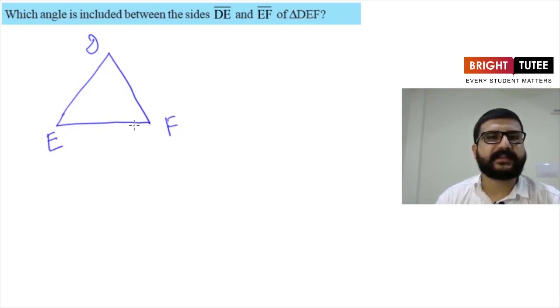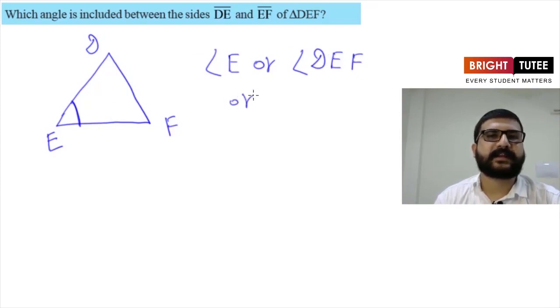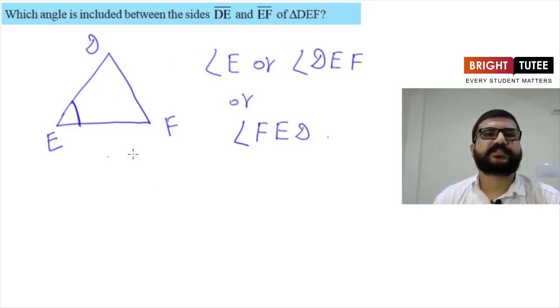So here is DE and there is EF. So this is the angle included between these two sides. So it is angle E, or we can say it as angle DEF, or we can write it as angle FED. So it is basically angle E, which is the included angle between these two sides DE and EF.